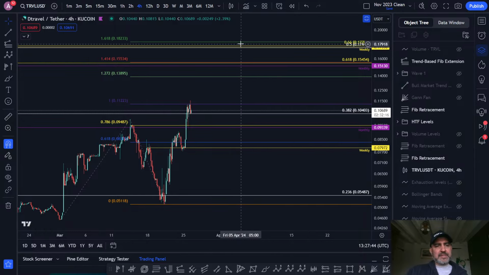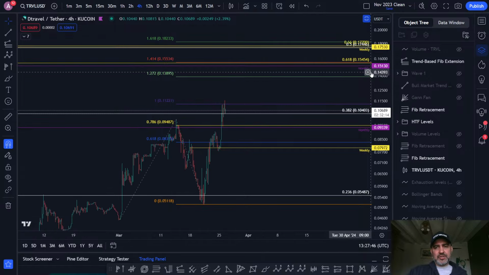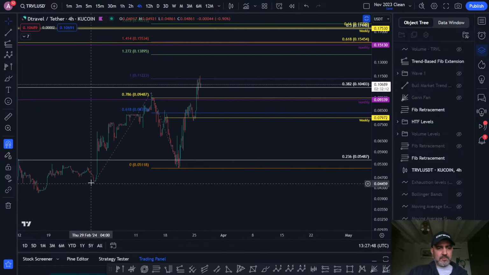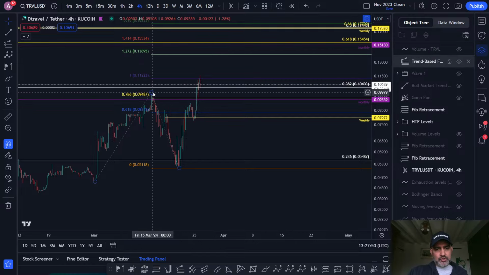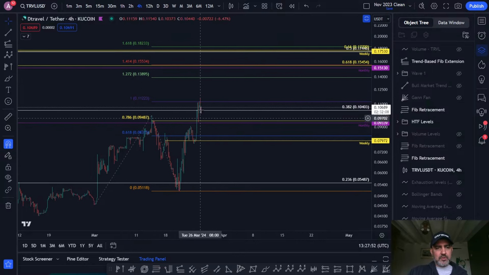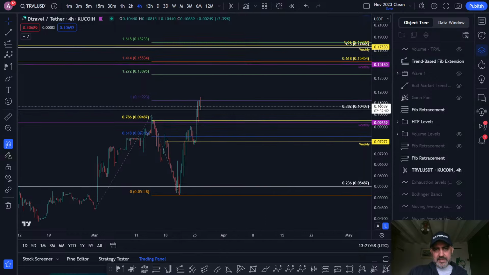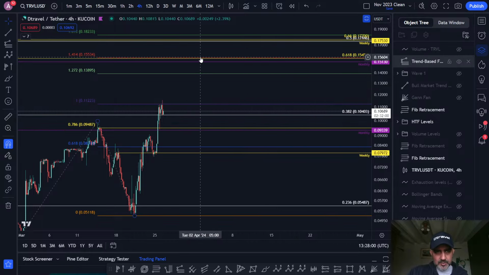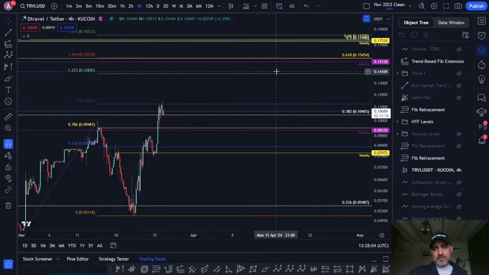That would be a 1.618 extension from the 2 to the 3 to the 4. You extend to the 1.618. You've got a lot of resistance there, but now you can start seeing that there's a little bit of resistance here too at about 15 cents, and that corresponds with the monthly level too.